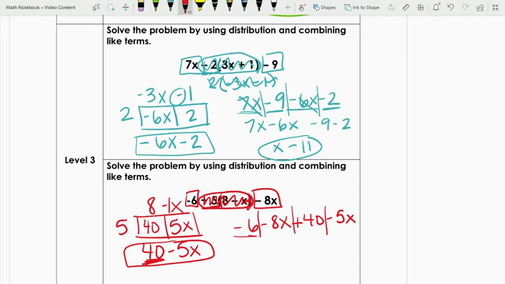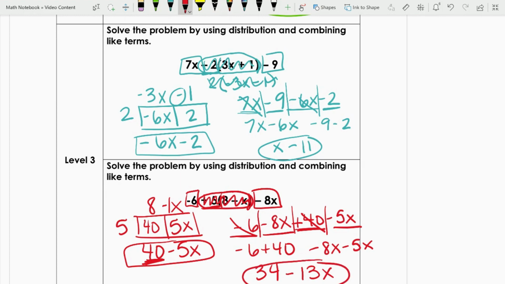So if I look at my first term, I don't have any letter with it. It's just a number. So I also have plus 40 as just a number. So negative 6 plus 40 is 34. And then I can combine my negative 8x minus 5x. And negative 8x minus 5x is a negative 13x. And that is my final answer.